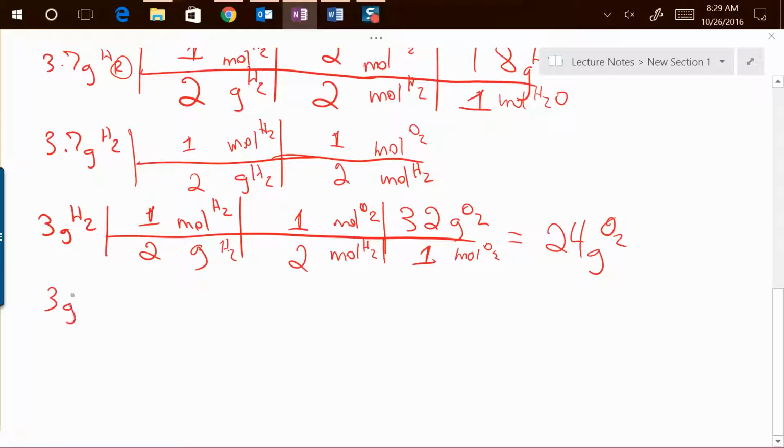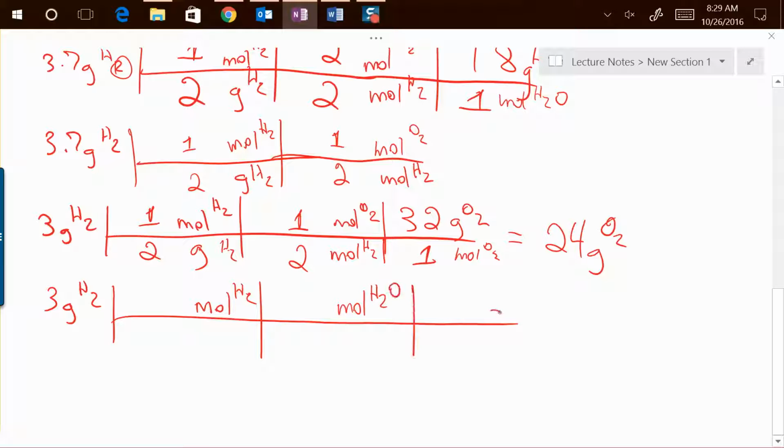And I'm going to now go to grams of H2O, because that's what I want to find the theoretical yield. Theoretical yields are in gram amounts. So grams of H2 to the moles of H2 to the moles of H2O to the grams of H2O.